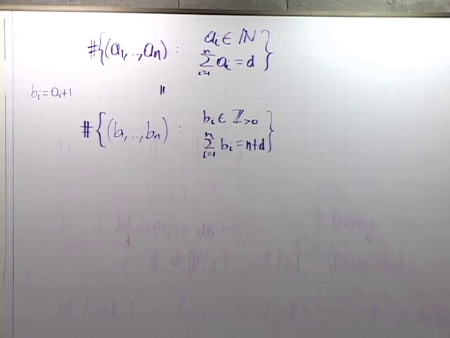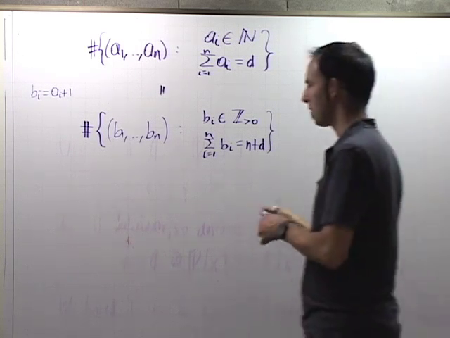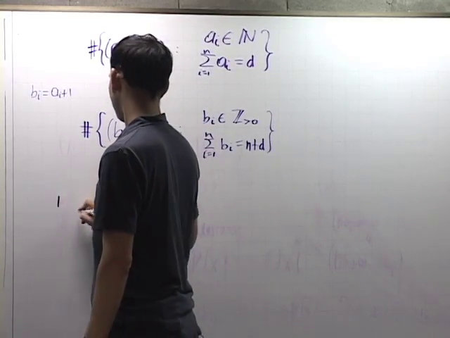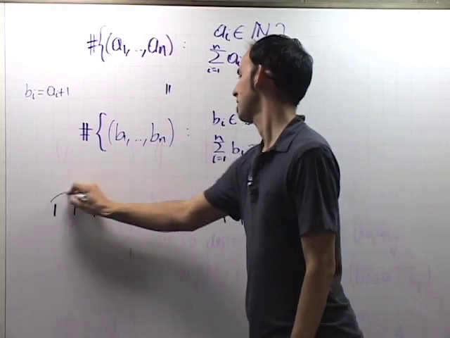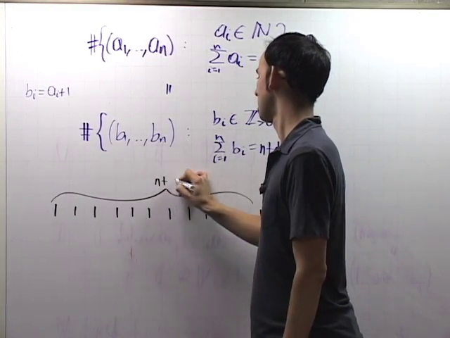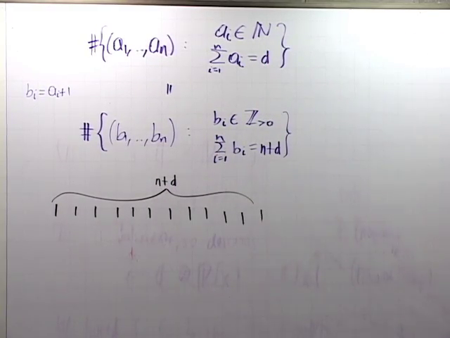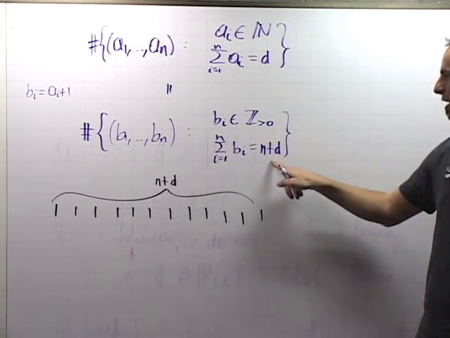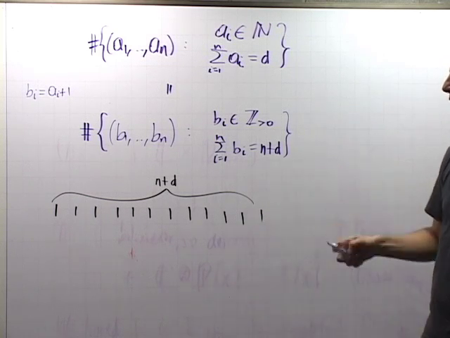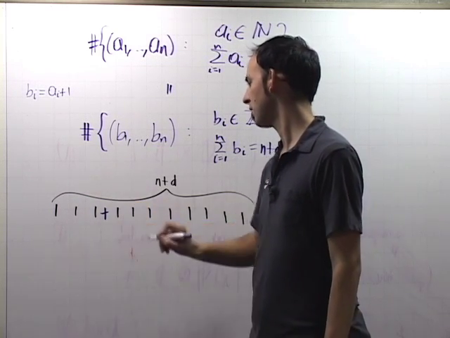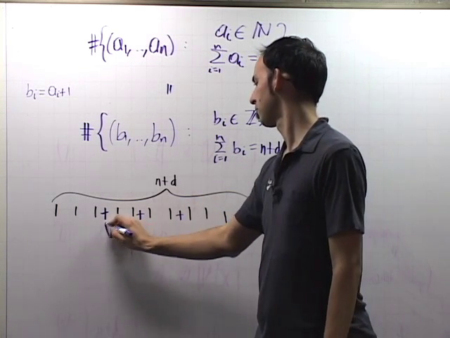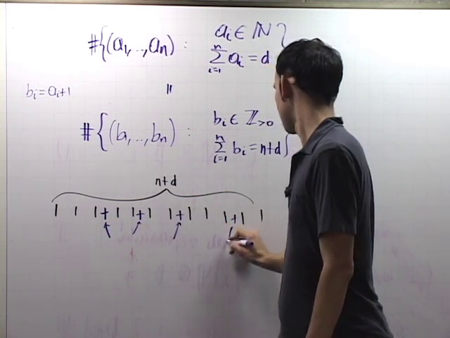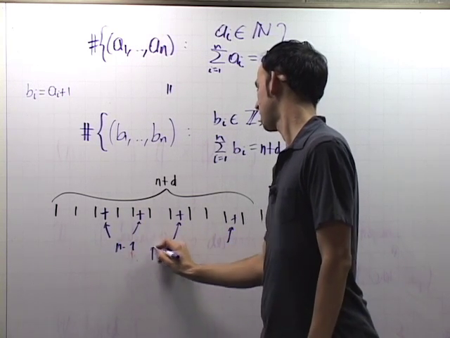Okay, and then there are several tricks to do this, but one trick is the following. You take n plus d ones, and I want to find n numbers that add up to n plus d, so just introduce n minus 1 plus signs.